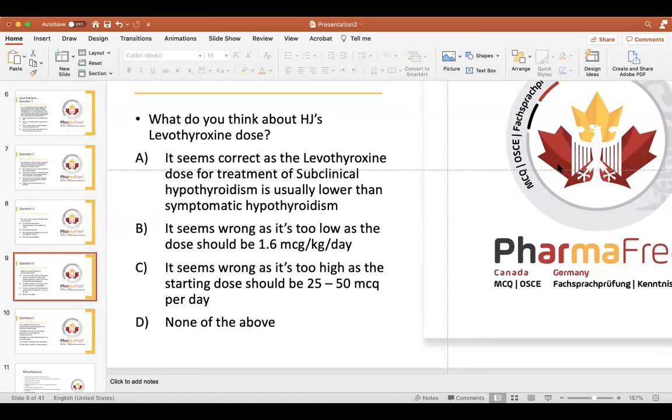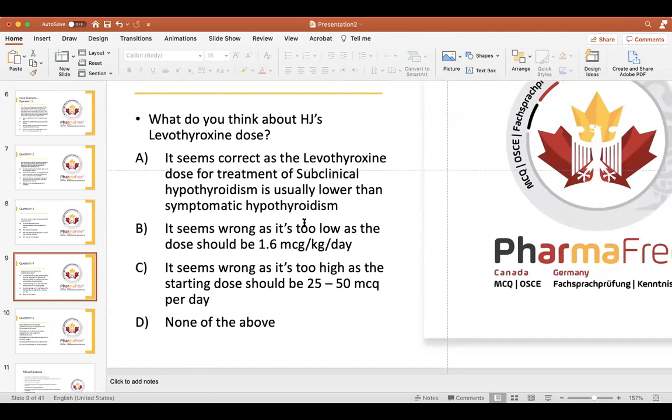For clinical hypothyroidism, what is the dose? How much levothyroxine do we give? It's answer B, 1.6 micrograms per kg per day. Yes, correct. This is for the clinical or symptomatic hypothyroidism. For subclinical, we give 1 microgram per kg per day.